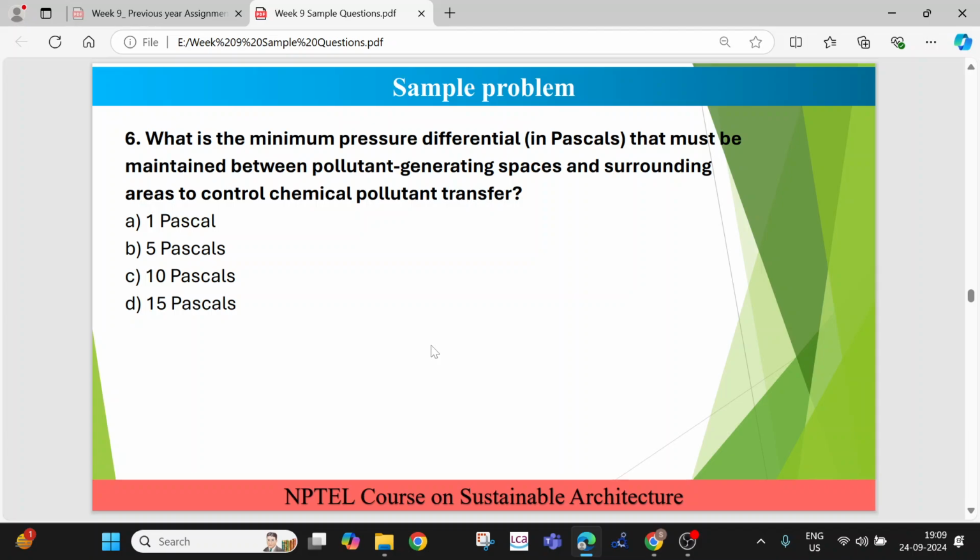And it is not talking about the closed rooms. I want to state it clearly. It is not talking about the closed smoking rooms or something. It's just asking about how much differential pressure should be maintained.